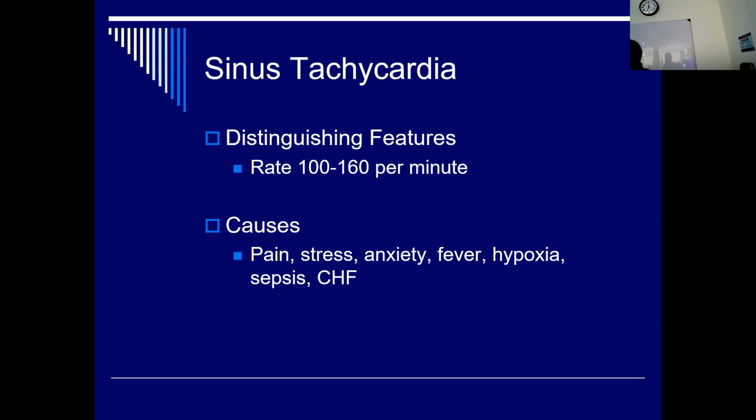So the SA node, when stimulated, can only fire up to 160 per minute for adults. Children, I think it's 180. Infants, it's 220. Have any of you been exercising and noticed you get a heart rate of 180? I don't know why they're saying it stops at 160.